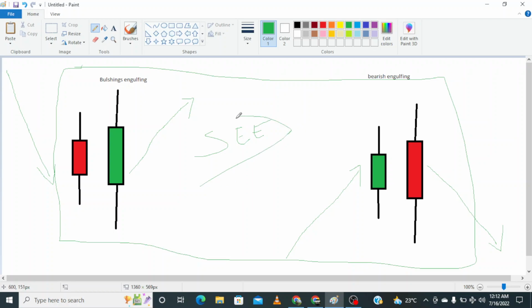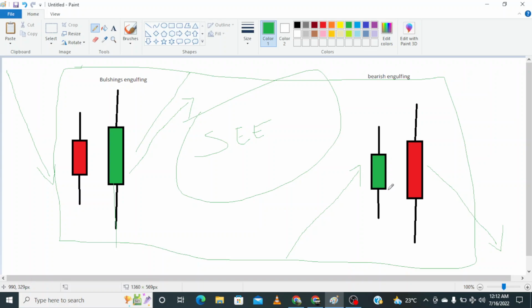If you see it only after it's formed, after like 2-3 days, the market starts going up, and you'll be like, oh, ये तो bullish engulfing था, कोई point नहीं है. This is the exact day, the last candle that should be formed, and you should be able to grasp that this is a bullish engulfing, and the market could turn around and go up from here, and same goes in this case too.